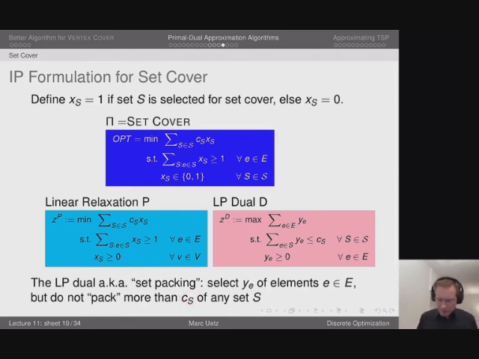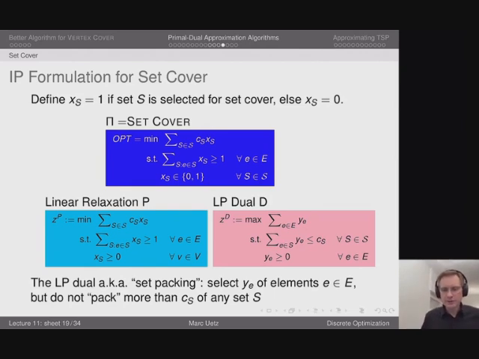And notice that this y here is also not constrained to be smaller or equal than 1. So in principle, I could take an element also more than once, as long as it fulfills in total this packing constraint here for the whole set S.